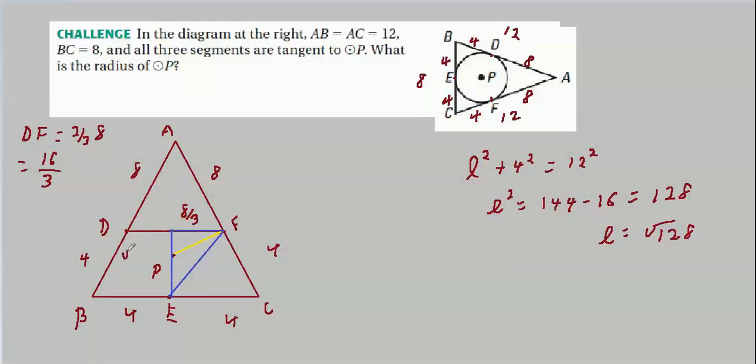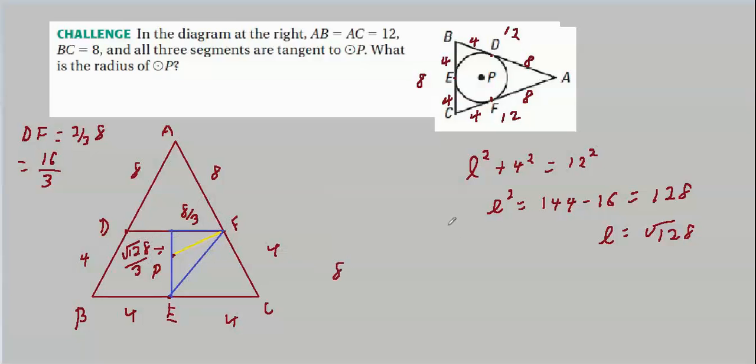Square root of 128. Well, looks to me like we got pretty much everything we need. 8 over 3 squared plus root 128 over 3 squared will be the square of EF. So let's do it and see what we get.